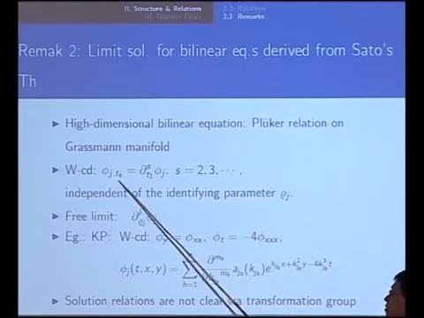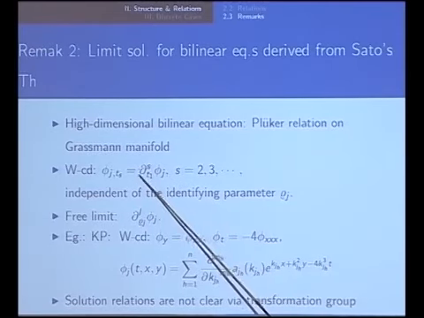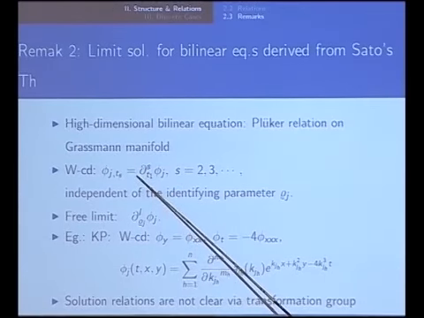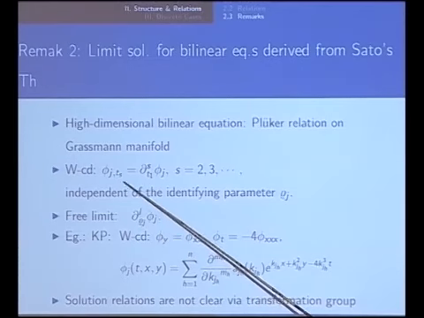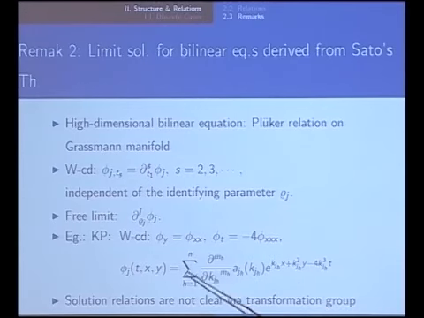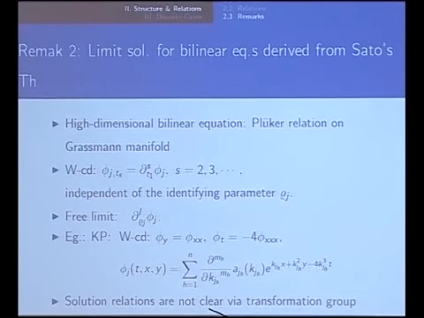And in Sato's theory, solutions can also be given in Wronski form. And in that case, the Wronski condition is such kind of equations without any coefficient here. So it's easy. I mean, this is a free limit if we take derivatives.